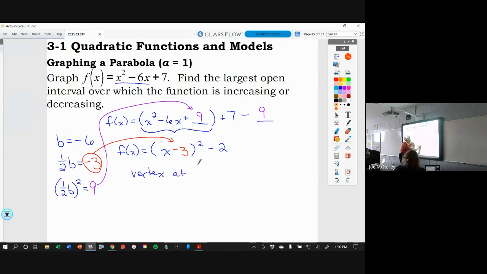I have a vertex at (3, -2). Why? Because h is 3 and k is -2. Wouldn't it be a -3? The formula says x minus h, so h is 3. And the formula says plus k. How do you get a -2 out of a plus k?